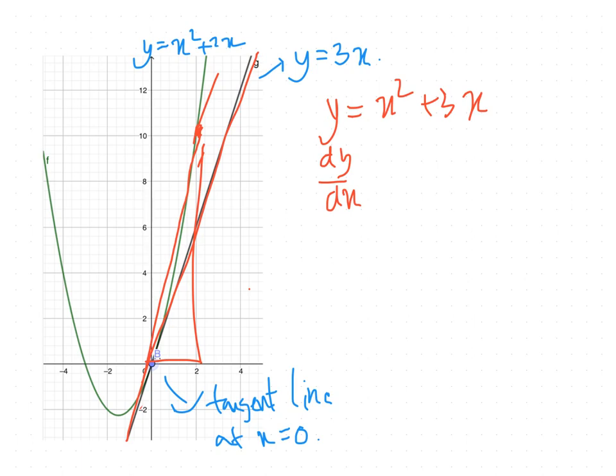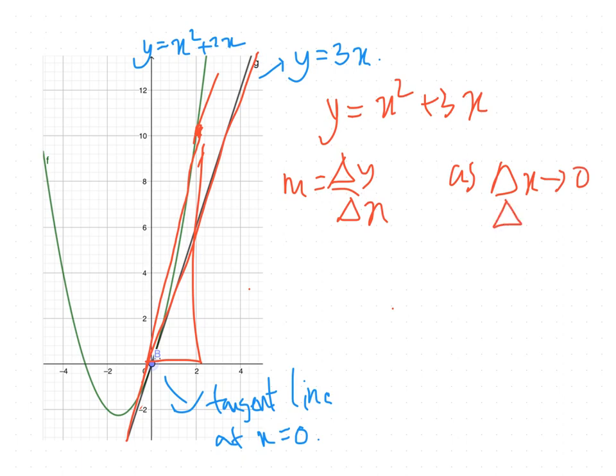So the idea of the changes getting smaller is the same as the gradient. The gradient is delta y over delta x, which means the rise over run, right? But as the delta x goes very small, the delta y also goes very small. It should make sense, because we have the two points, one here and one here.